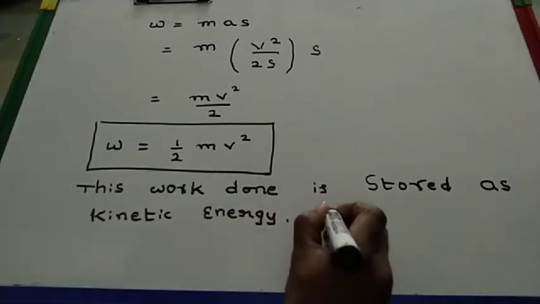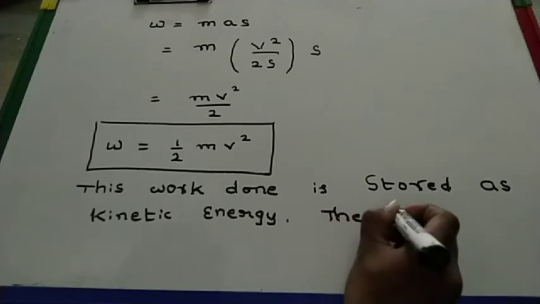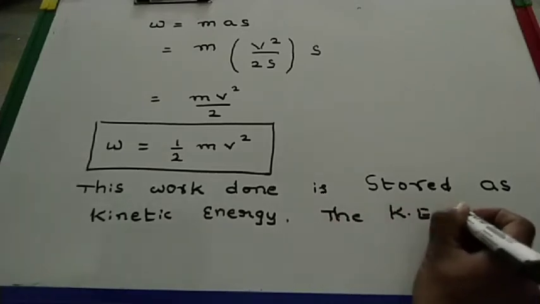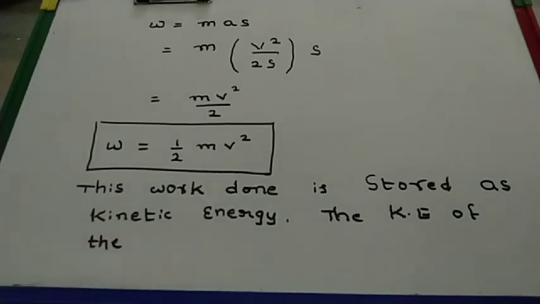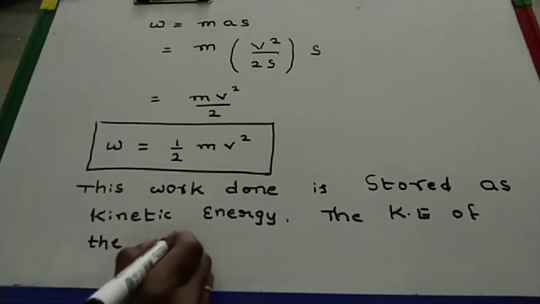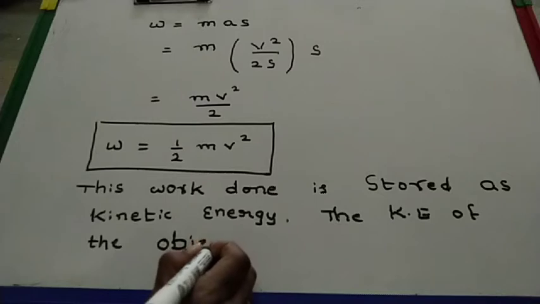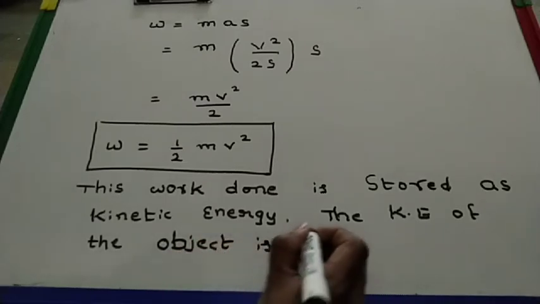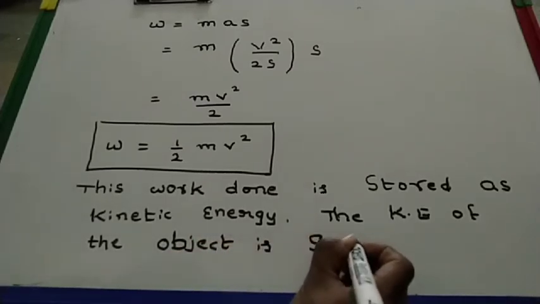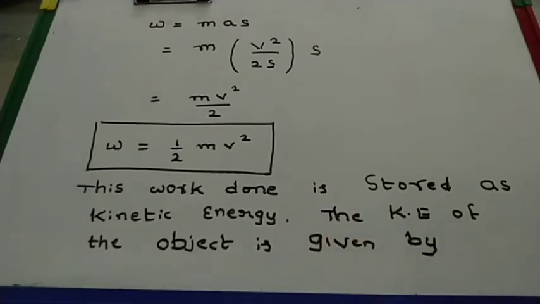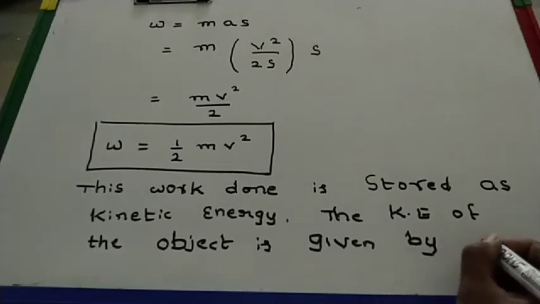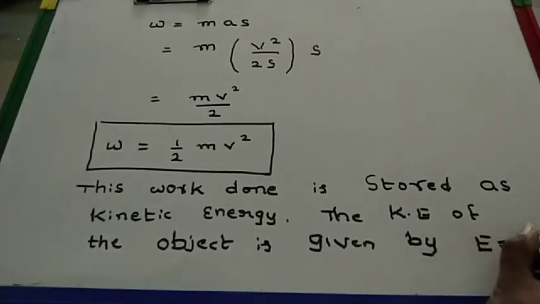The kinetic energy of the object is given by, what is the formula? E is equal to 1 by 2 m v square.